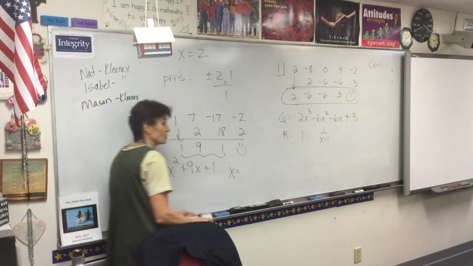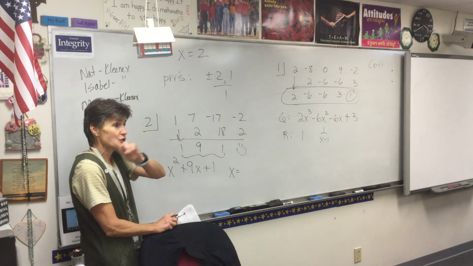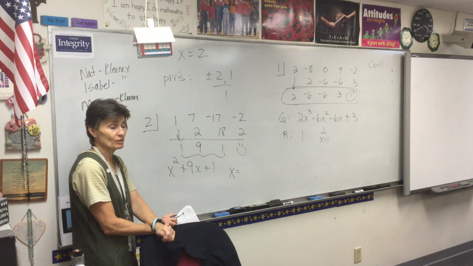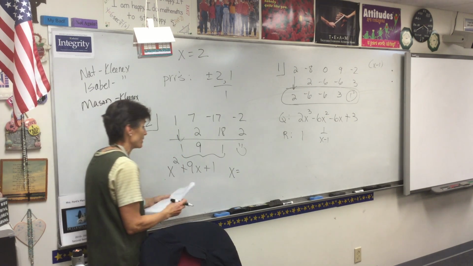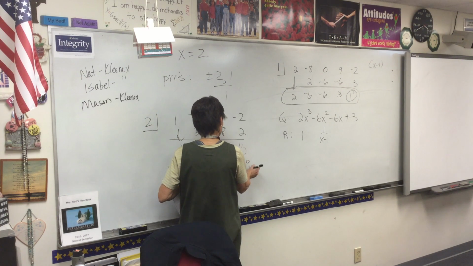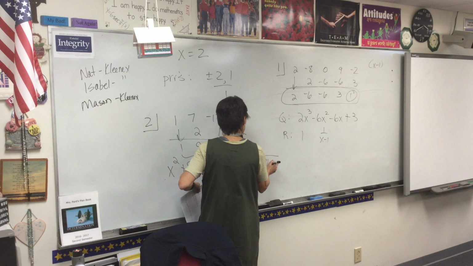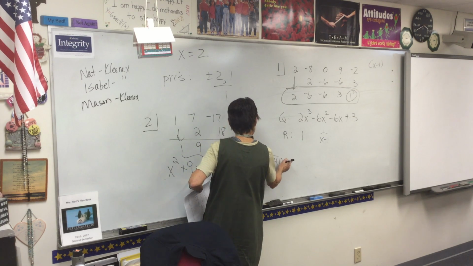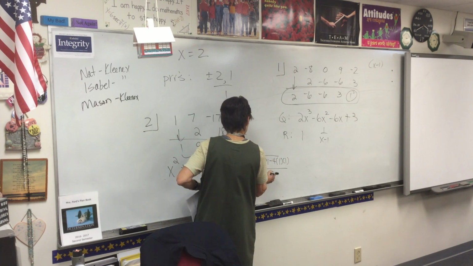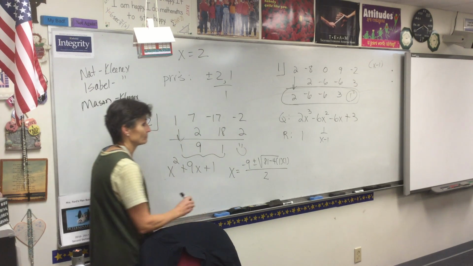And I promise you there will be one question on the test where you have to do this. So here we go. Negative b plus or minus the square root of b squared minus 4ac all over 2a.